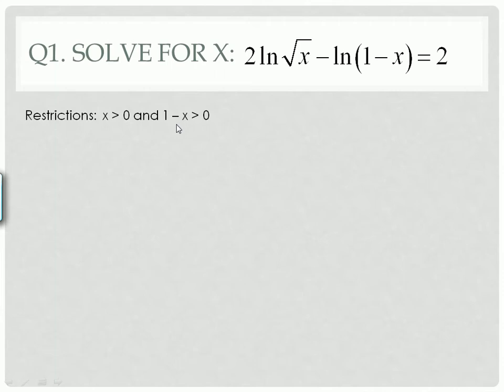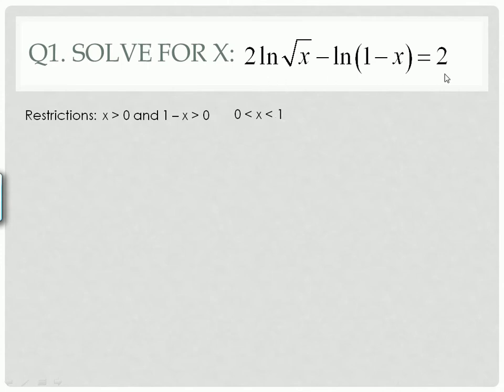If I take this second inequality and bring the x over to the right side, I get 1 is greater than x, or x is less than 1. So x is greater than 0, and x is less than 1. So any solutions to this equation has to be x values in between 0 and 1.